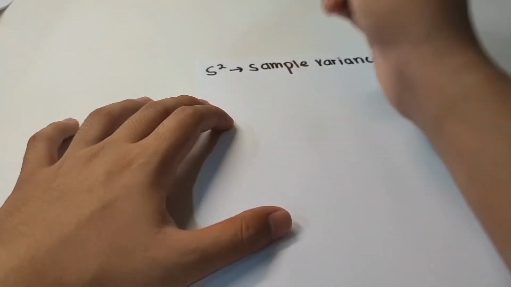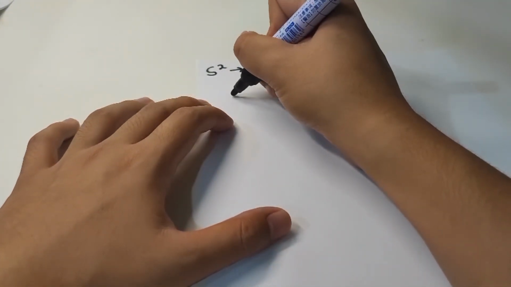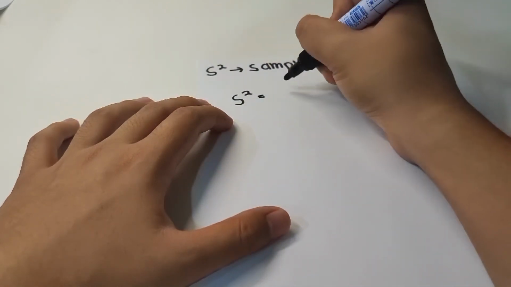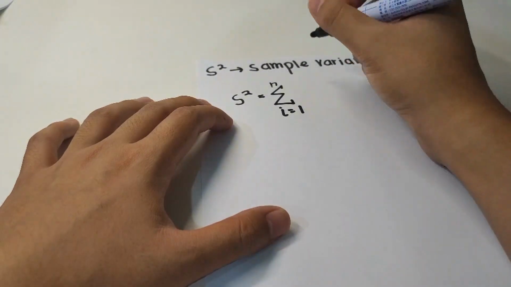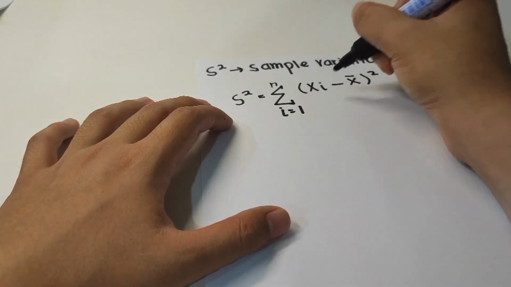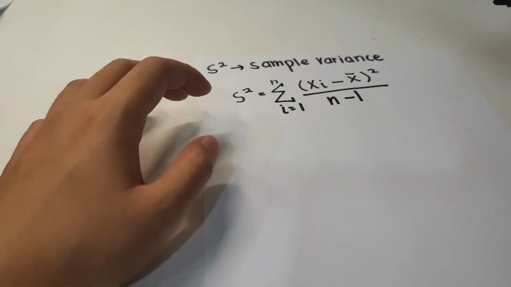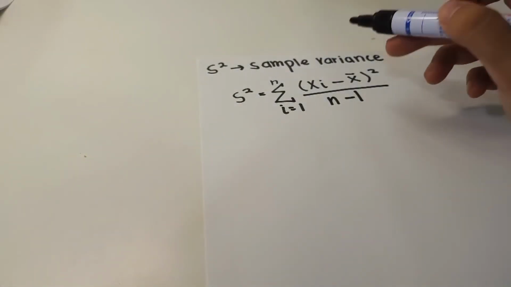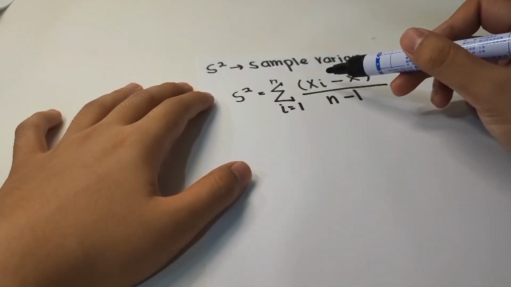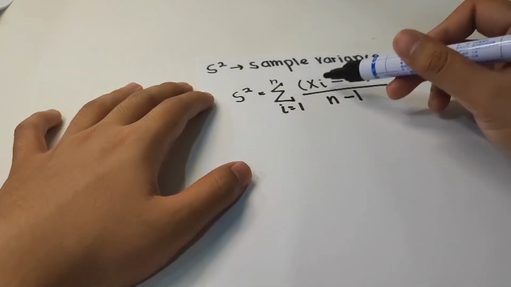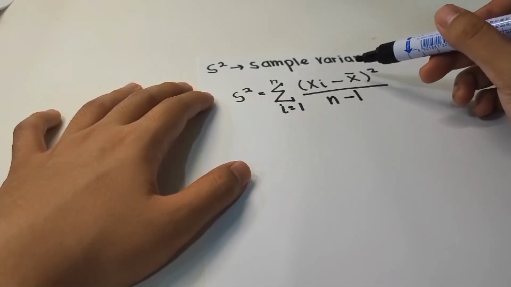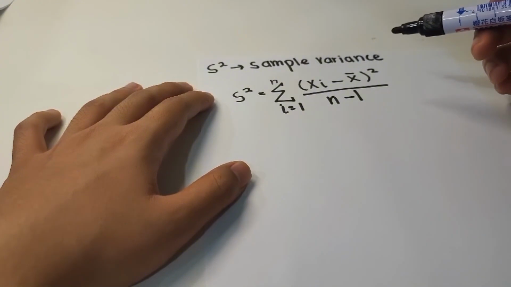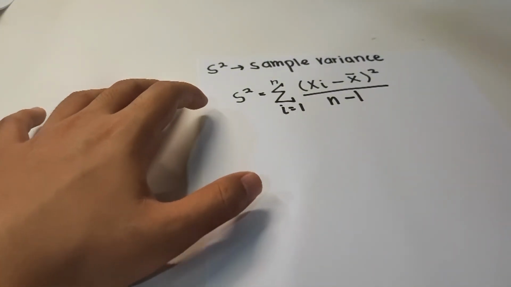Now for the formula of sample variance, we have S squared is equal to the sum of (xi minus x bar) squared, over n minus 1. Remember, for the sample variance, xi is the individual sample values, while x bar is the sample mean, and n is the sample size of a sample.